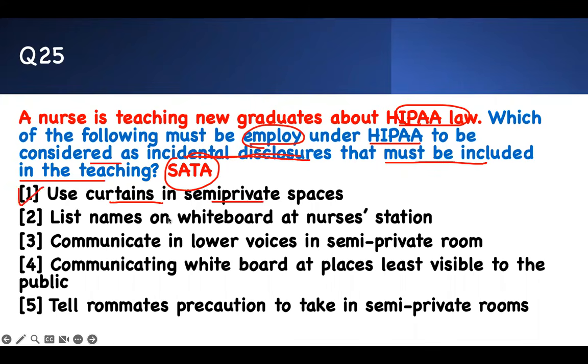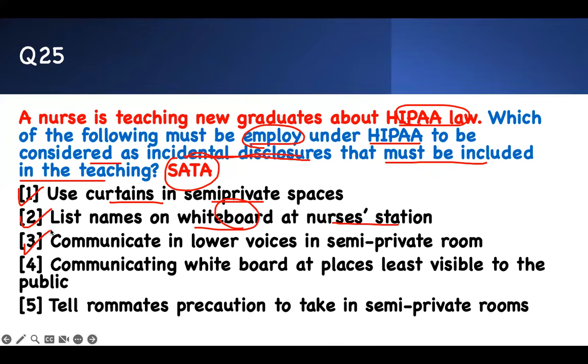Yes. List names on the whiteboard at the nurse station. That means nobody can see it. It's between the nurses themselves. The public cannot see it. That's good. Communicate in a lower voice in a semi-private room. Yeah, I can't block the other roommate here. I was speaking in a lower voice. If you hear me at all, that's fine. I'm still not violating the patient. Communicating whiteboard information in places least visible to the public.